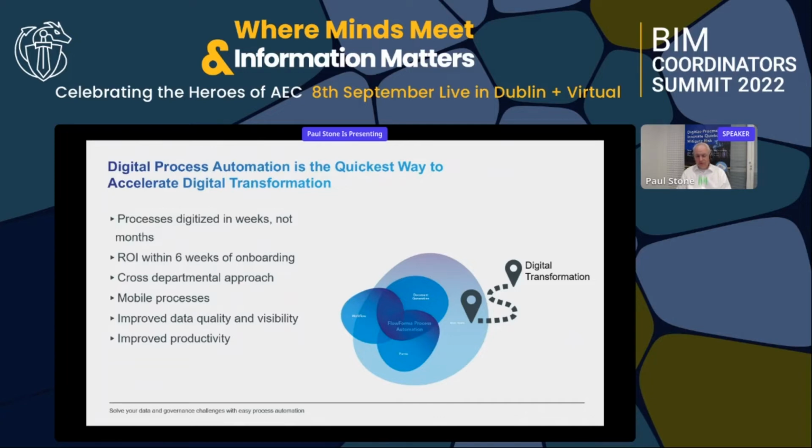With FlowForma, for example, we provide mobile apps to allow you to do that, so you can use any mobile device to access the process and capture the data. At the end of the day, by capturing the data electronically, you're ensuring that it's accurate, that it's relevant to your current project, and that it's going to be captured and transmitted on to the appropriate resources within the team.